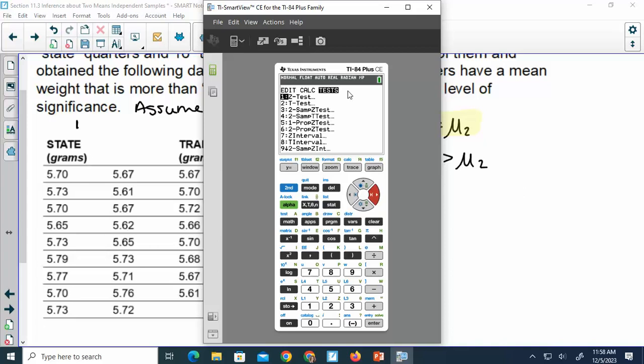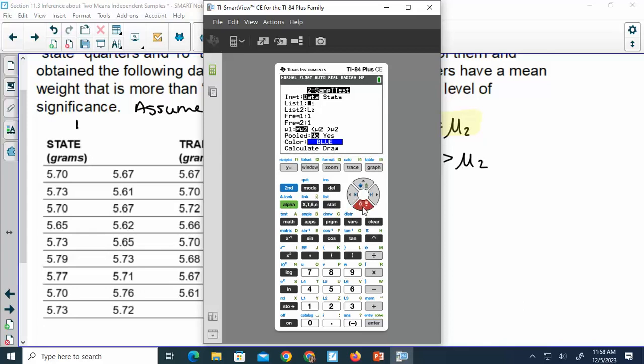But now I have two different samples, so we want number 4, a 2-sample t-test. Then it's going to ask us, is it based off data or stats? Data is if we have put everything in L1, L2. Stats is if we're reading the problem and it says the mean of this group is this, and the mean of this group is that, and standard deviation is this, and we have to fill that stuff in. So this is based off data.